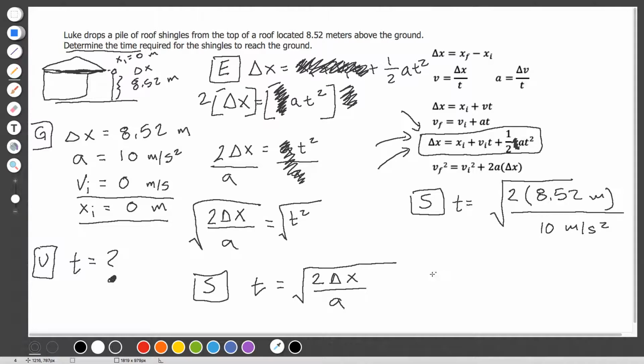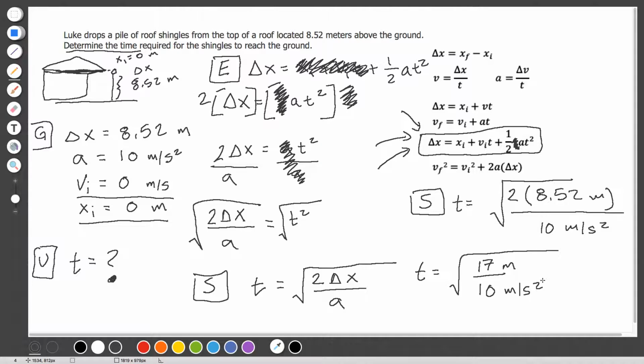Okay, so t equals square root of 2 times 8.52. I'm going to use my calculator for that. 2 times 8.52, it's actually 17.04, but I'm just going to put 17 meters. 17 divided by 10 meters per second squared.